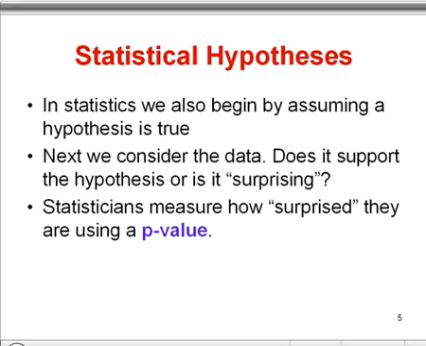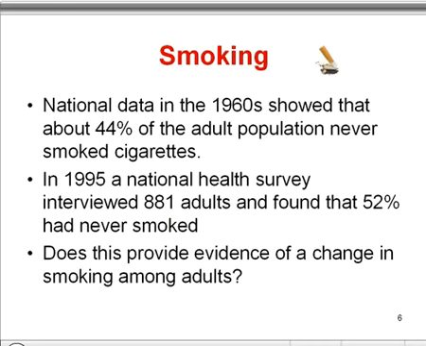If the result is very unlikely or surprising, we have reason to believe that something is going on. We measure how likely or surprising a result is by something called a p-value, and we're going to learn how p-values are determined. So let's get specific about how to conduct a test of significance.